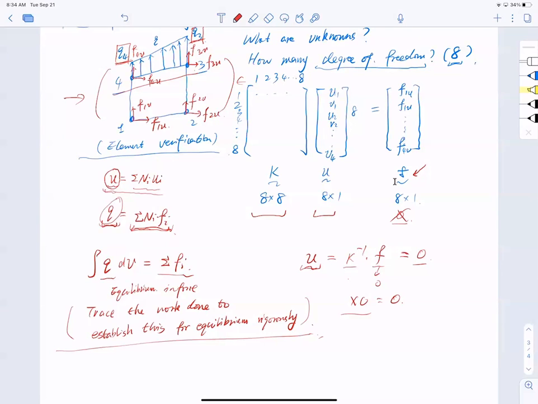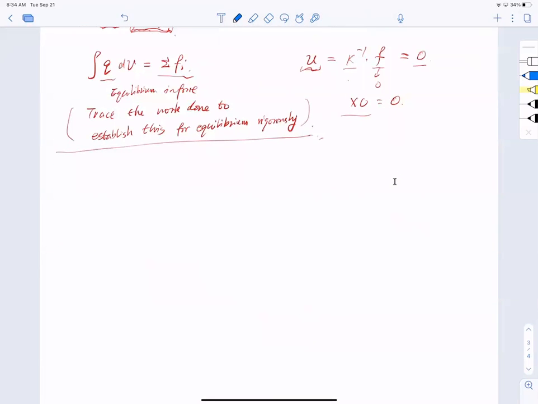Okay. All right. So let's do it. Now, what I'm going to do is look at it this way. Essentially, I only have this bar, 3 and 4, that has the distributed load on it. Never mind, I'm going to start doing distribution. I'm going to start to summarize the work done by this.